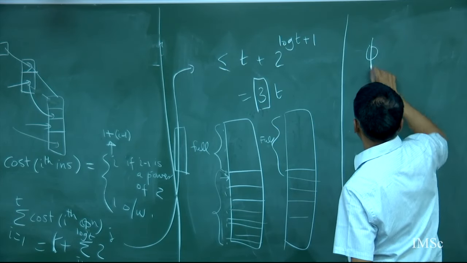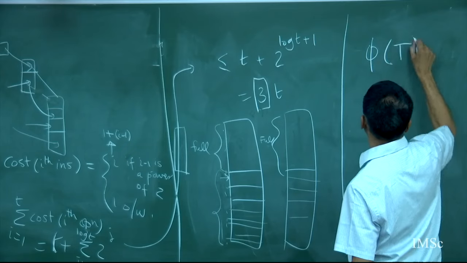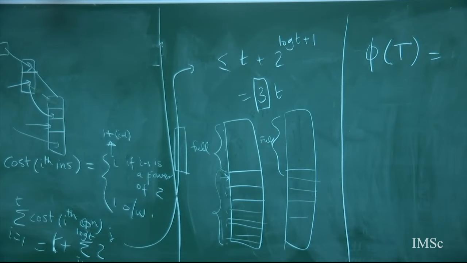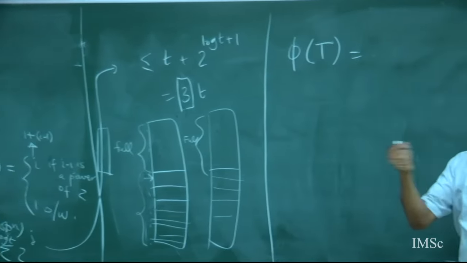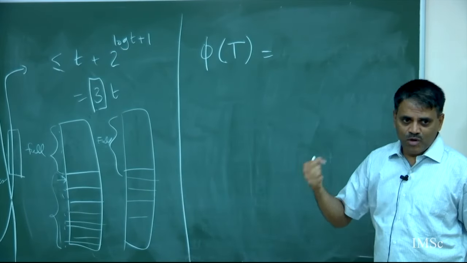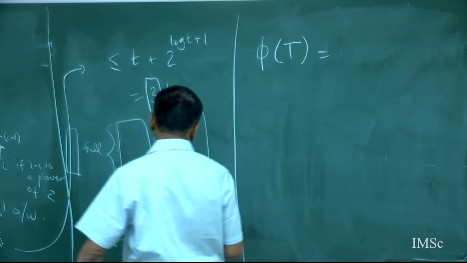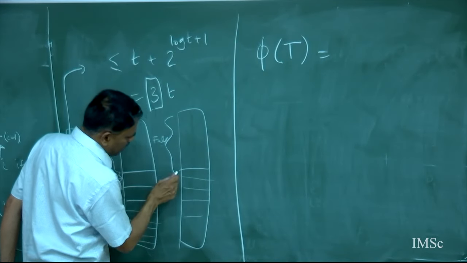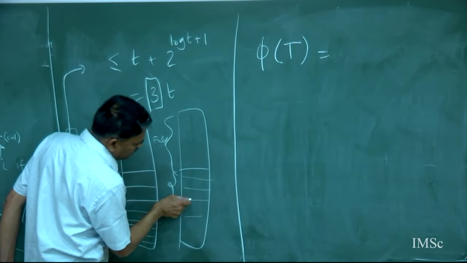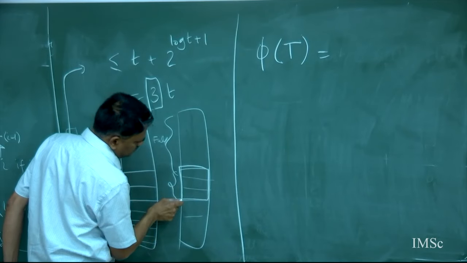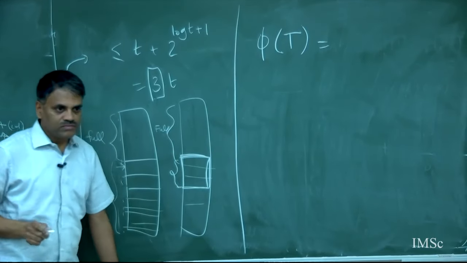So phi of this table T is, well, I already told you phi is basically the amount of charge in the data structure or the amount of overcounting you've done, right? How much charge is there? Suppose I have filled up the table up to this point. Then how much charge will be there?